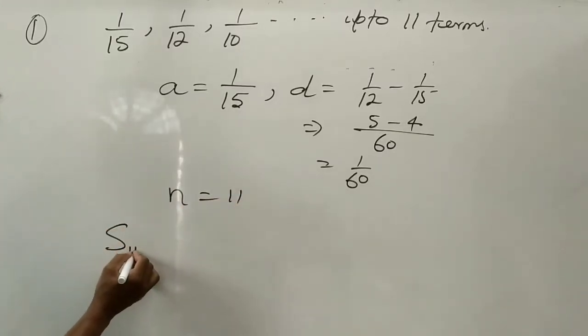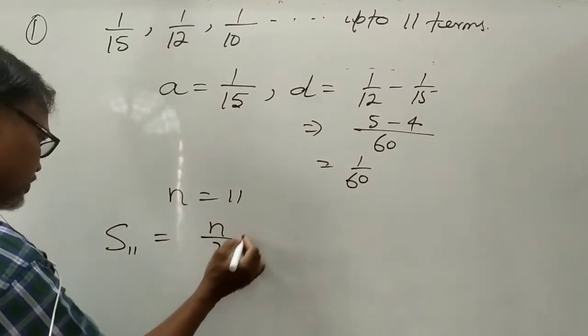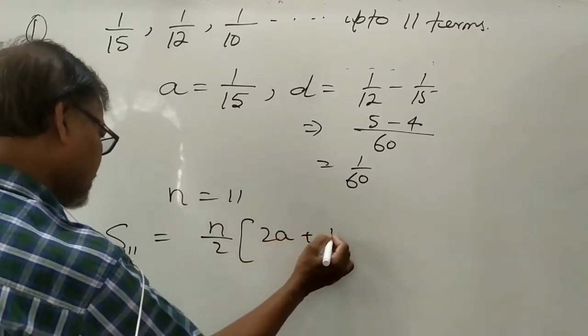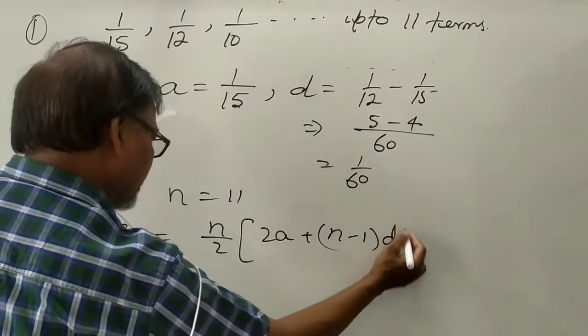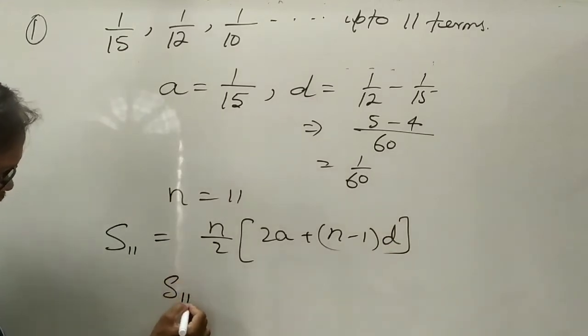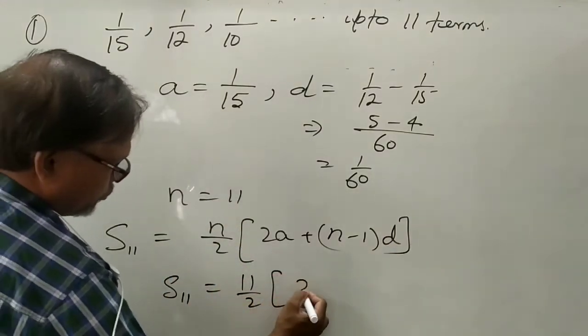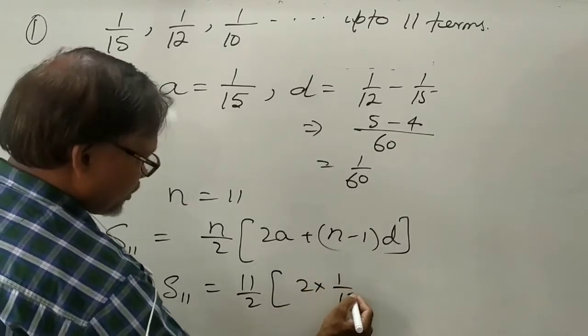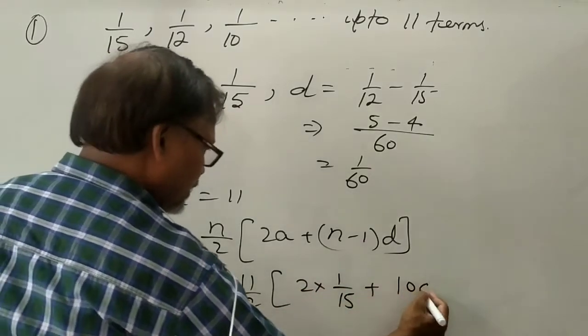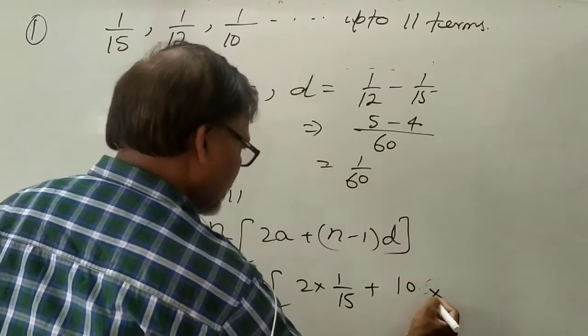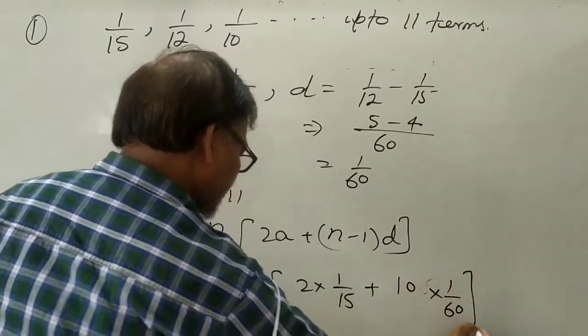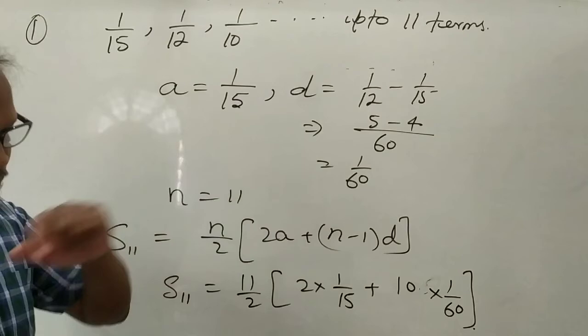So you will use S11, meaning n by 2 into 2a plus n minus 1 into d. Put the values: in place of n, 11, 2 into 1 by 15 plus 10 d, where d is 1 by 60. Then simplify.